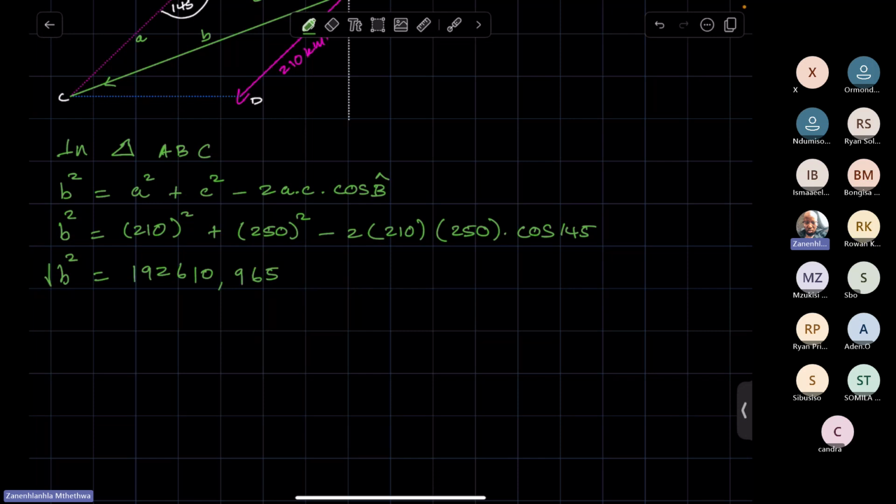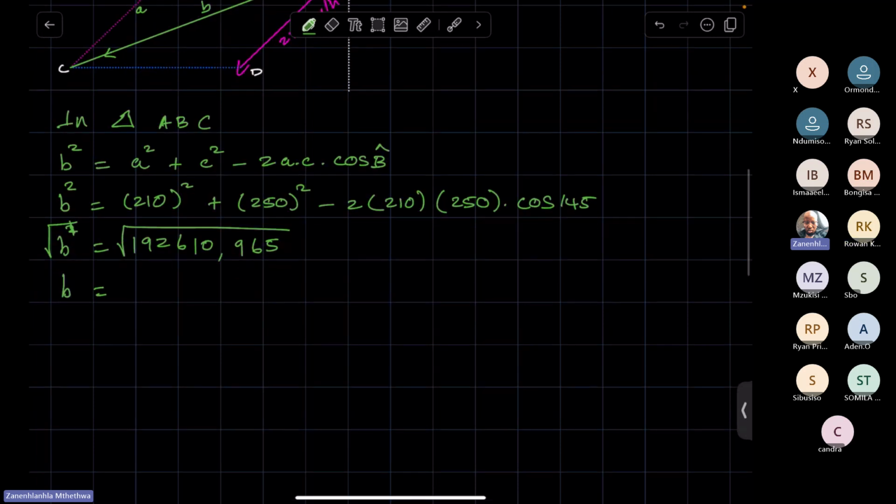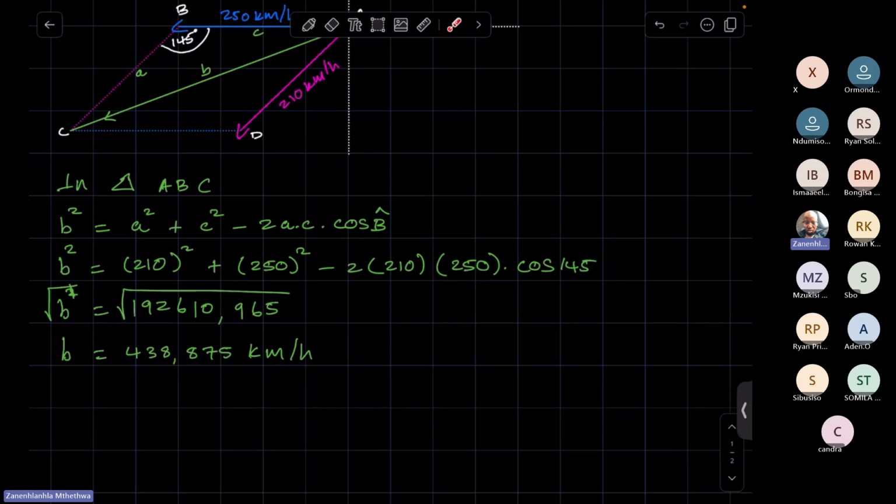And then of course we are looking for B, so you apply the square root both sides. Now the square root of this, what does it give us? It's 438.875. So this is kilometers per hour, right?